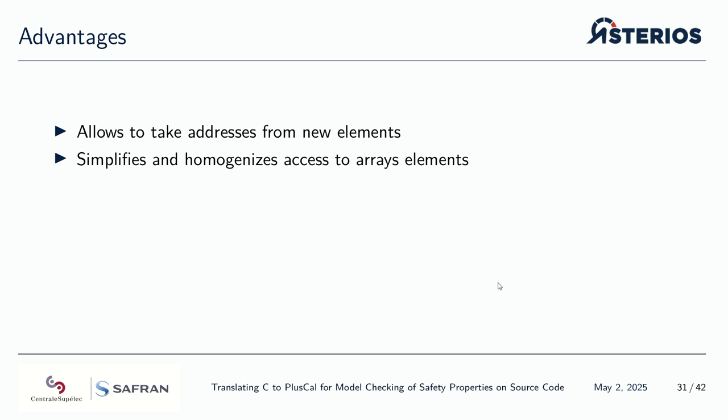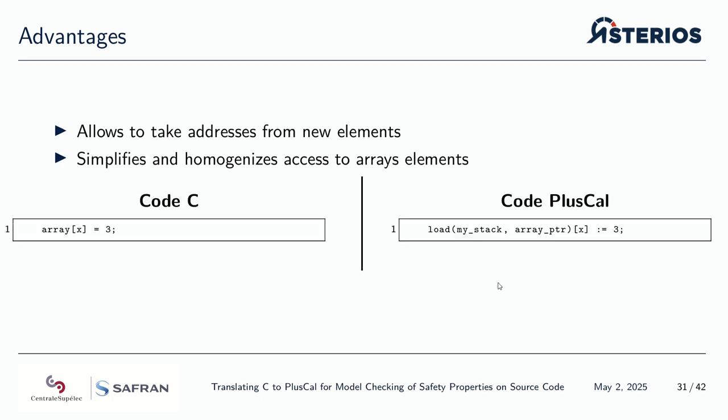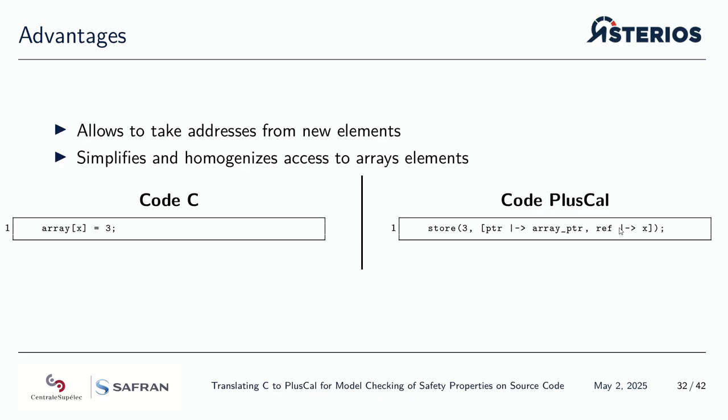And it will help us to simplify and homogenize access to array elements. So for example, if I want to write this in C, array of x is equal to 3, what we did before is that we loaded the array pointer, then we took the x index of it, and we stored 3 into it. But now with our new representation, we can write this directly.